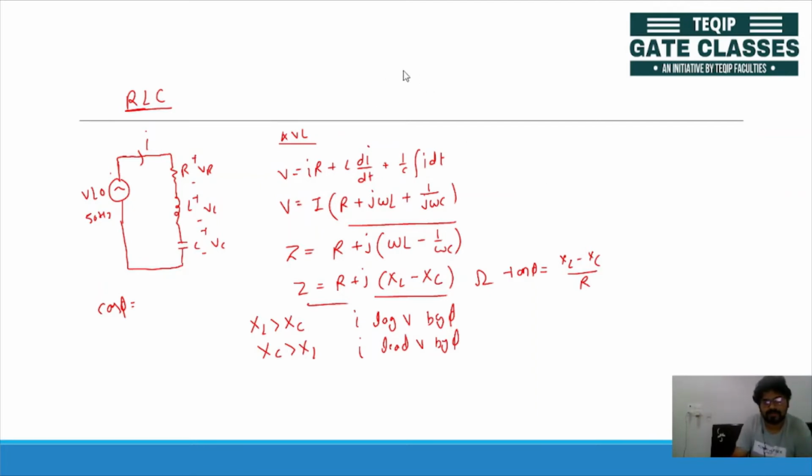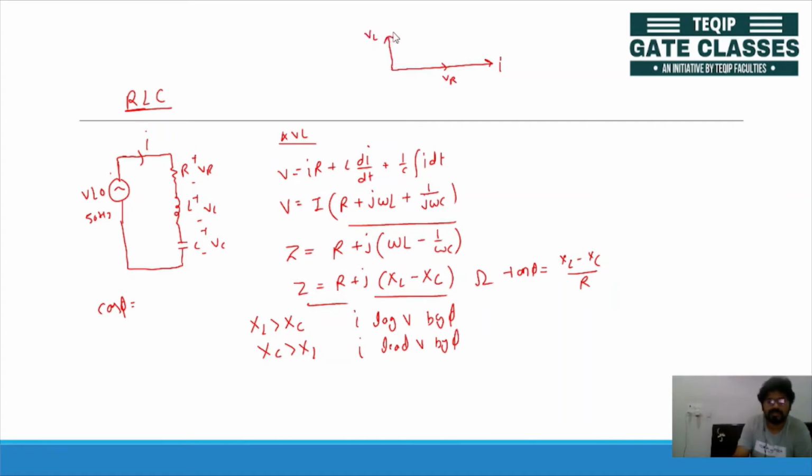Suppose this is your current I. Okay, and the VR, the voltage across the resistor, will be in phase of I. VL, the voltage across inductor, will lead. So this is your VL.